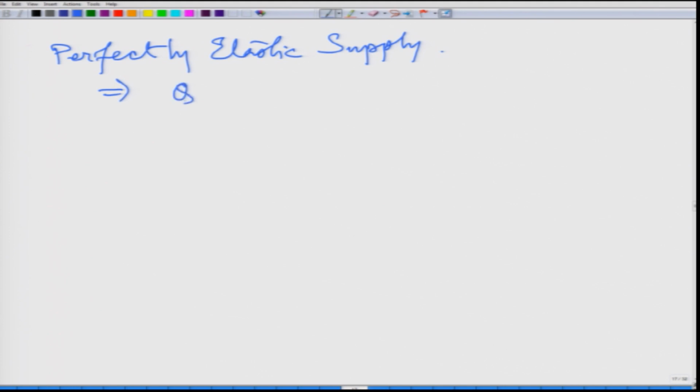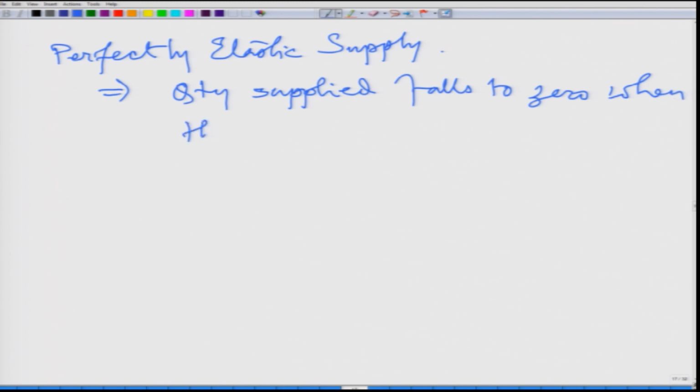In case of perfect elasticity of supply, or perfectly elastic supply, whichever way, the quantity supplied falls to 0 when there is the slightest fall or decline in price.